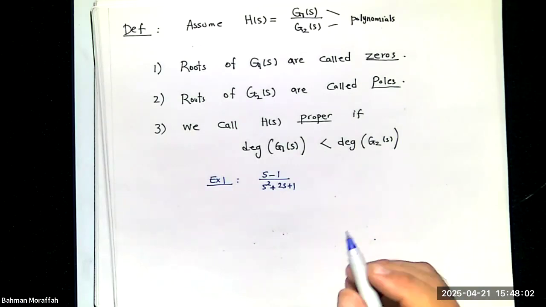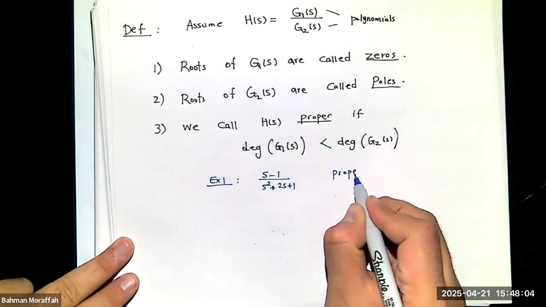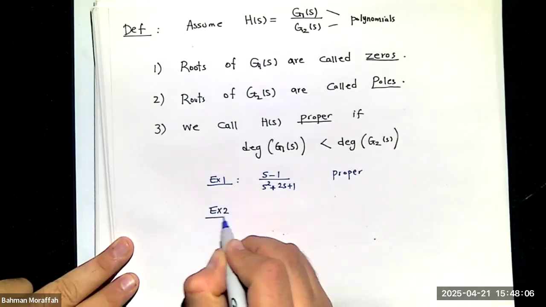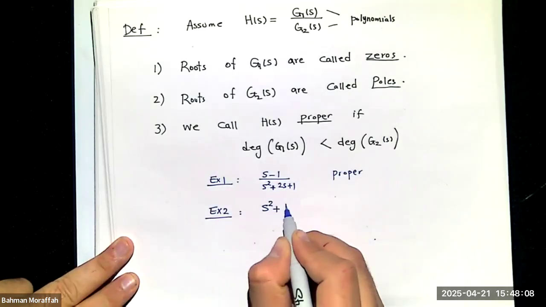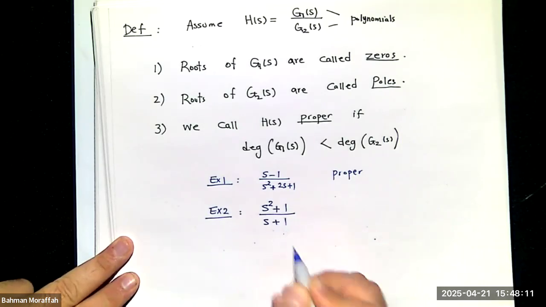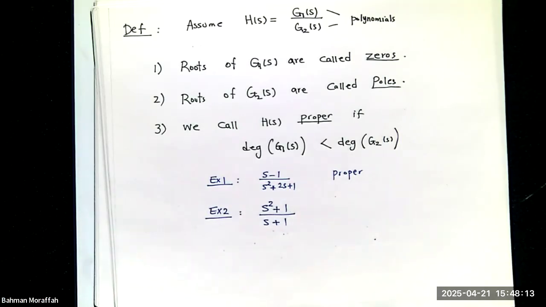So this is proper. If I have s squared plus 1 divided by s plus 1, this is not proper because the degree of the numerator is 2. The degree of denominator is 1. And since s squared plus 1 has a higher degree, I can actually divide these two. Right? So this is not proper.